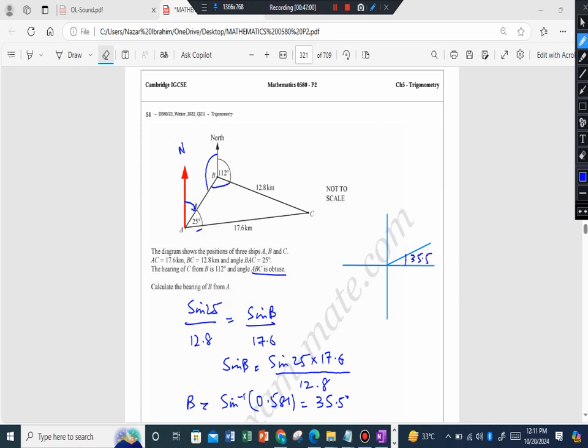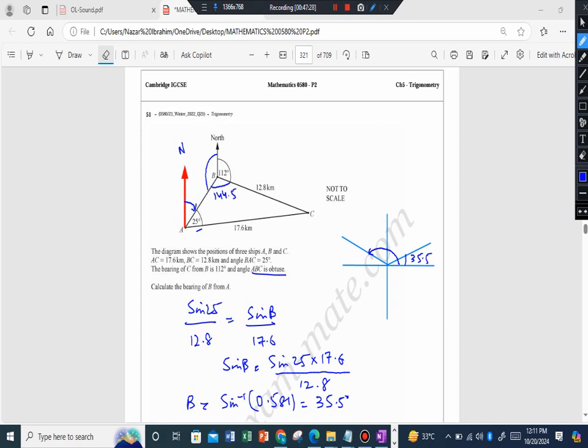So in the second quadrant, this is the base angle, and it will have the same value if I take 180 minus 35.5, and that is 144.5. So the obtuse angle is 144.5.